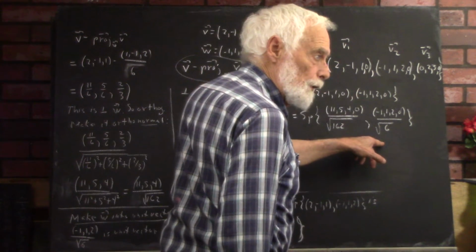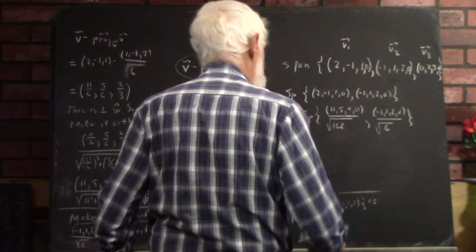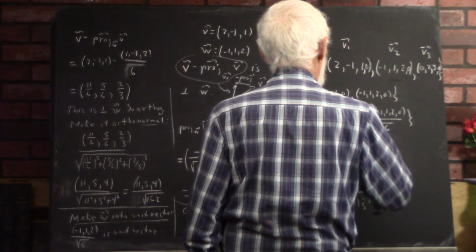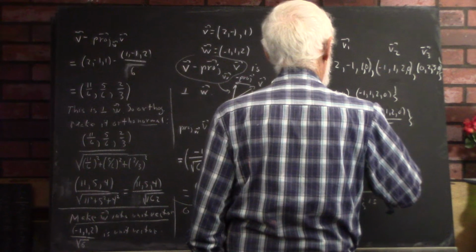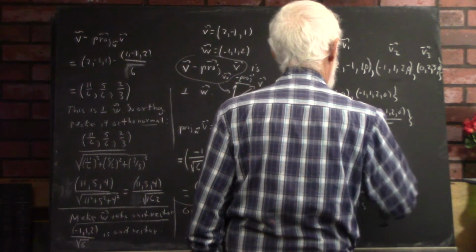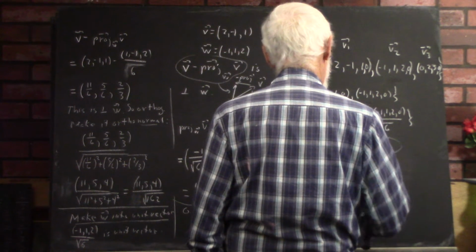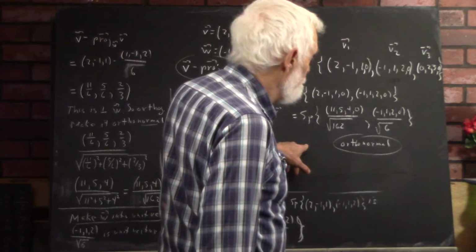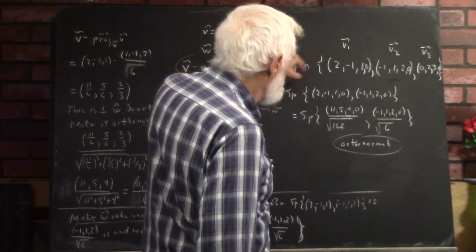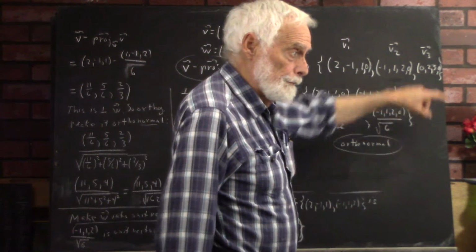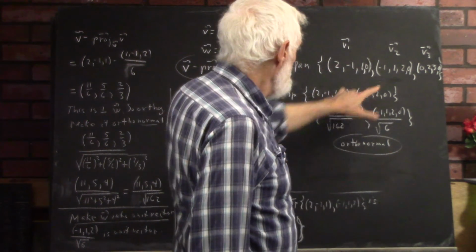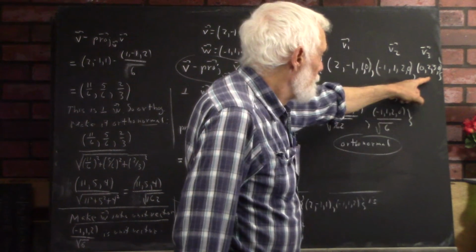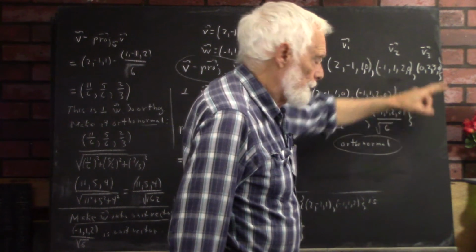These are still orthonormal. And they span a subspace of the space that's spanned by these three vectors, the same subspace that these two vectors span. We've got this third vector outside of that span.